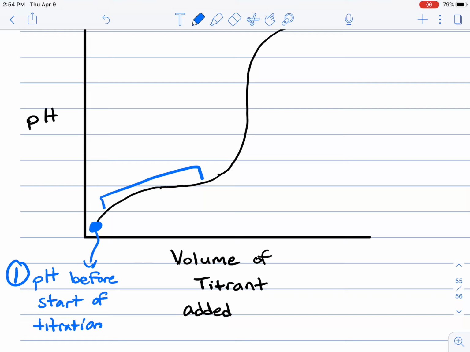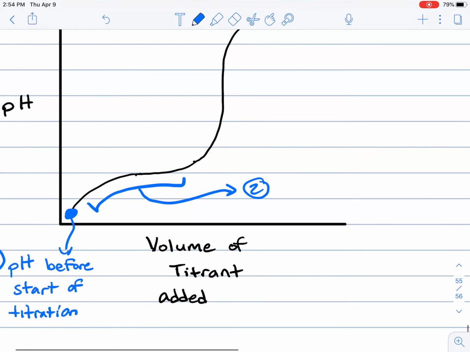So actually, let me flip this upside down. So we're going to go ahead and calculate a couple points. We're going to calculate the pH before the equivalence point.